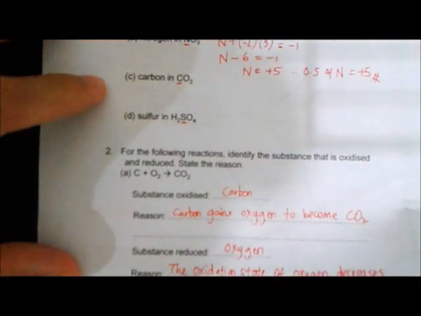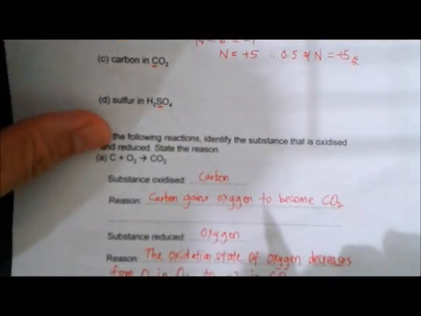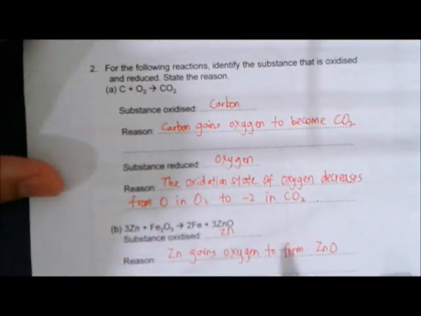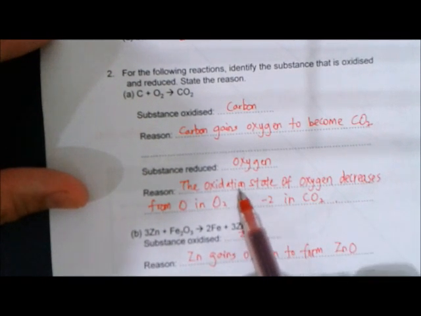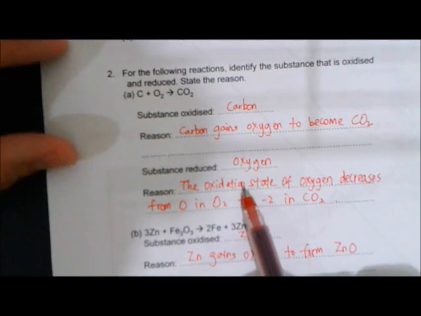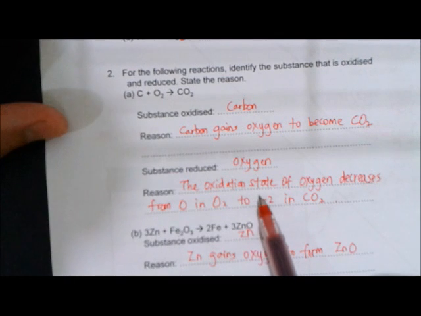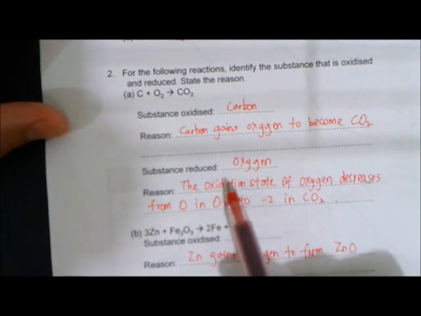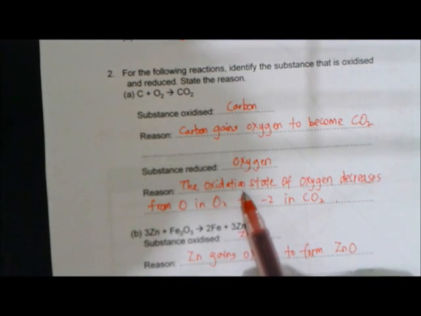Now comes the practice. Basically, I need to point out to you that when explaining why a substance is reduced or oxidized, you can explain it from the point of view of oxygen, hydrogen, oxidation state, or electron.